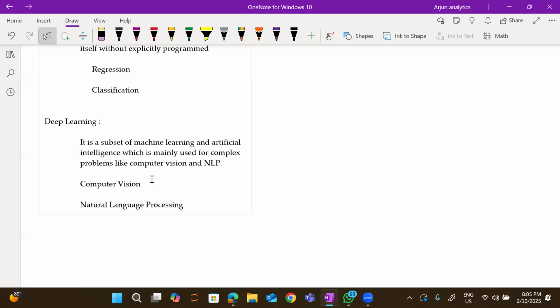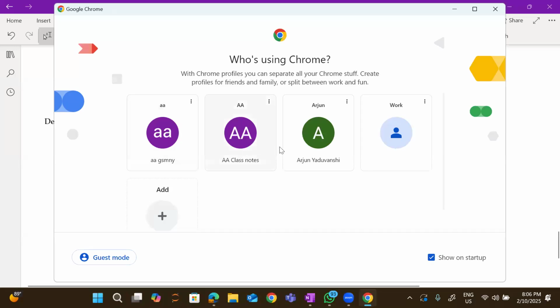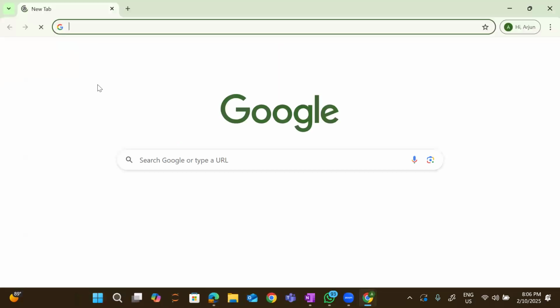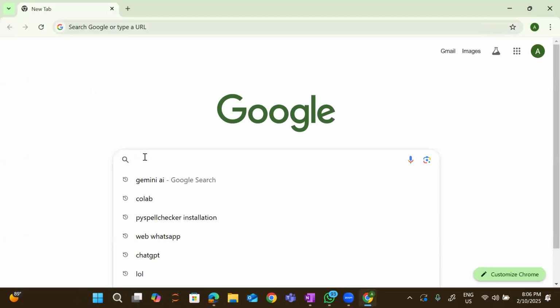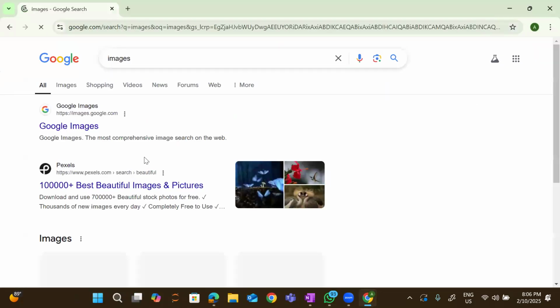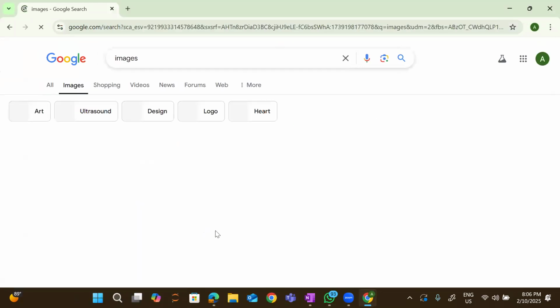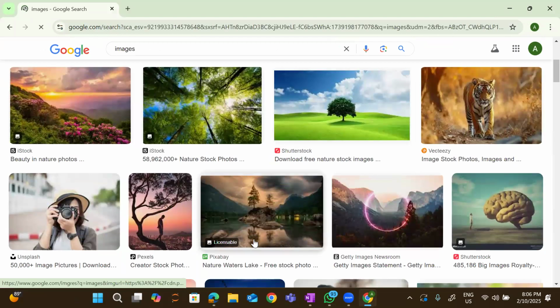What do you mean by computer vision? You are giving the power to the computers to recognize, or in other words, you are giving vision to the computers. Now, in a simple way, I will take a small example over here.